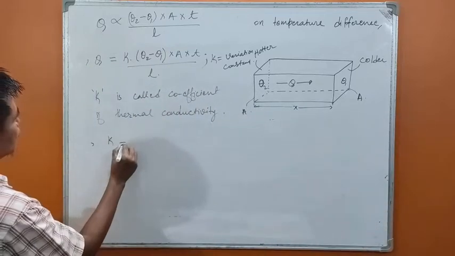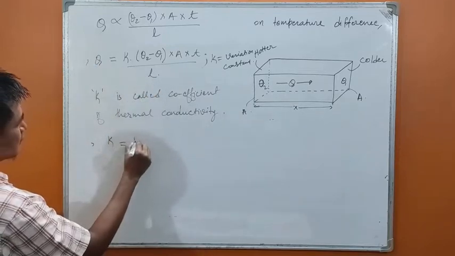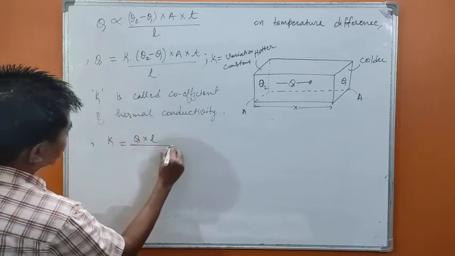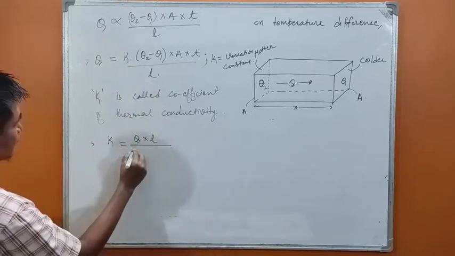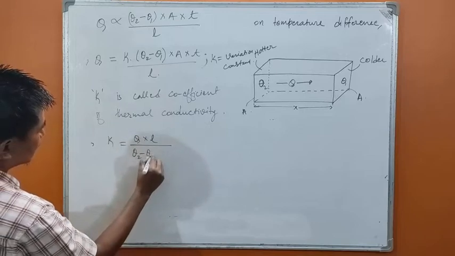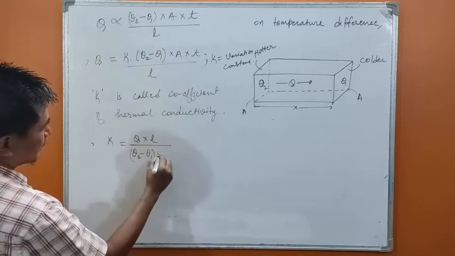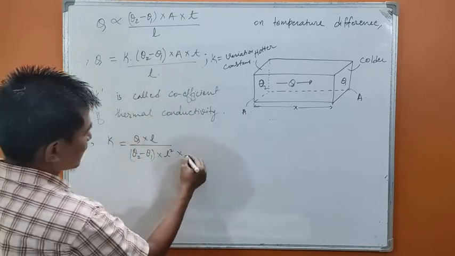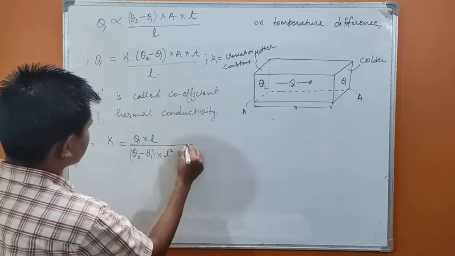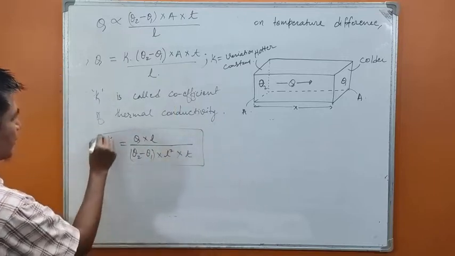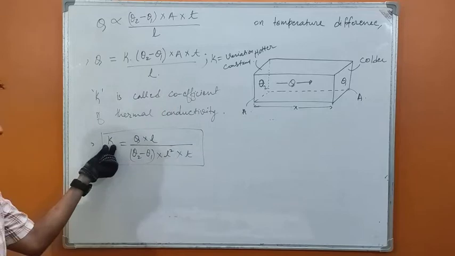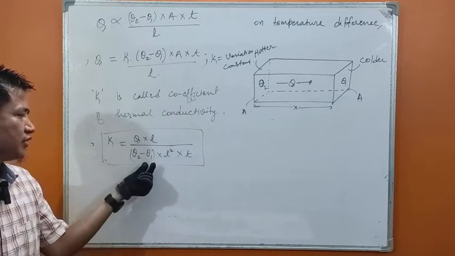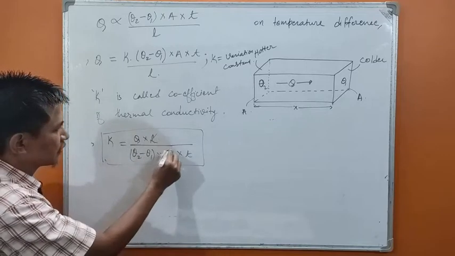K equals Q into L, isn't it? We cross multiply this, divided by (θ2 minus θ1) into A, and area means length square, isn't it? Area means length square into time. This is the value of K. The value of K depends upon the amount of heat flowing through the conductor and the length of the conductor.